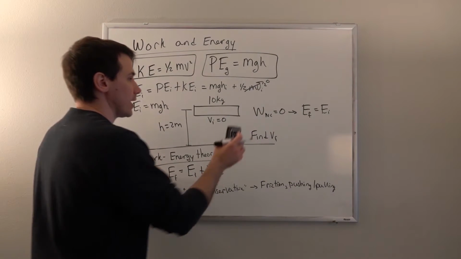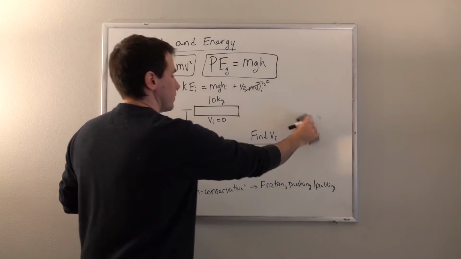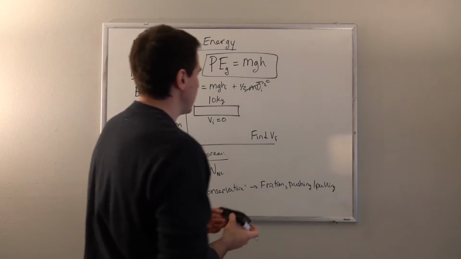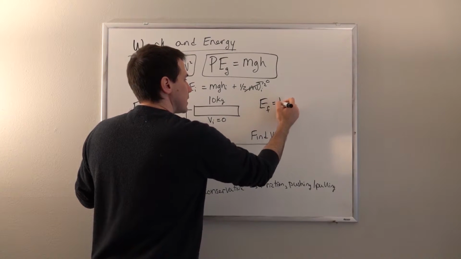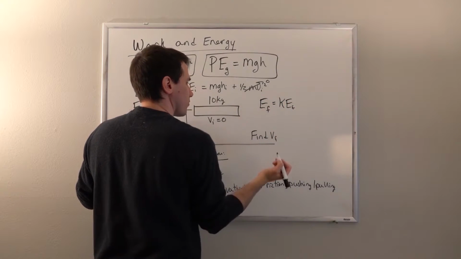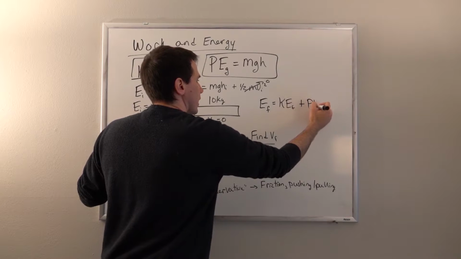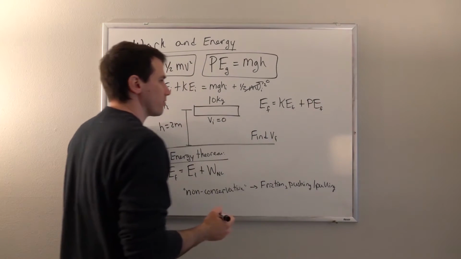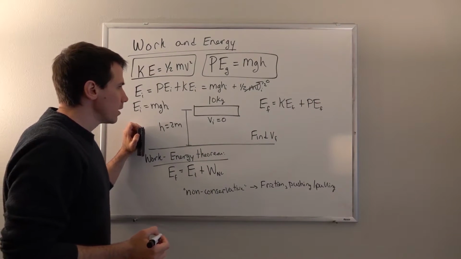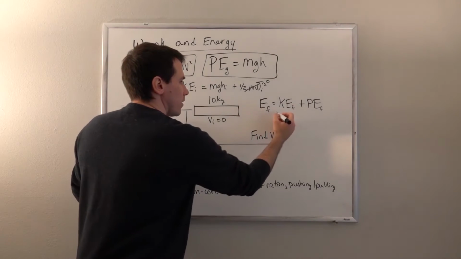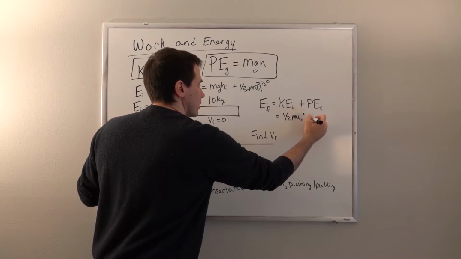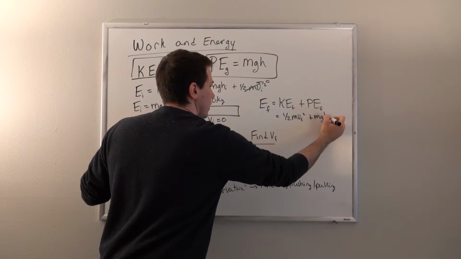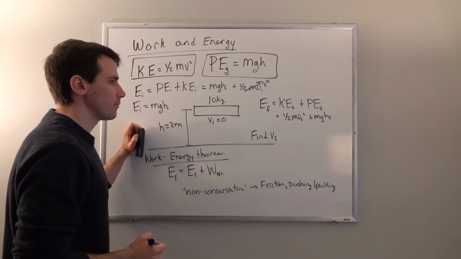Let's try to write down our final energy. Well, our final energy is our kinetic energy at our final point plus our potential energy at our final point. Well, that's 1/2 m v final squared plus mgh final.